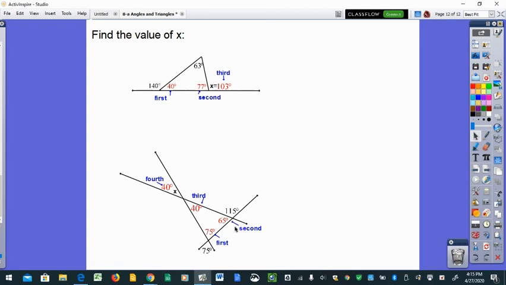So I took 180 minus the 115, and I got the 65. Now if I take these two and add them together, I would get 140 degrees have been used up inside this triangle. Well, if 140 have been used up, this would have to be 40 to get to the 180. 180 minus 140 would get me to the 40, and then vertical angles would bring the 40 over here.